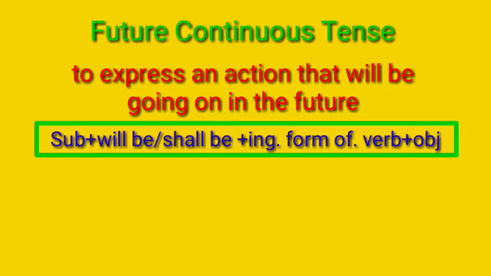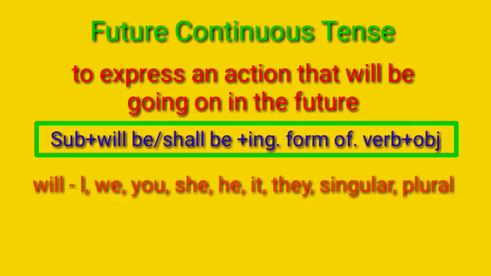Okay. We can use will with all the persons, means I, we, you, they, he, she, it, singular and plural. Okay. But shall we use with only I and we.